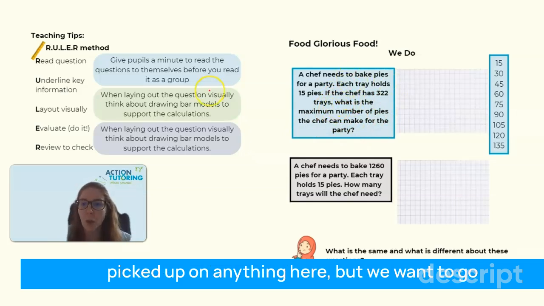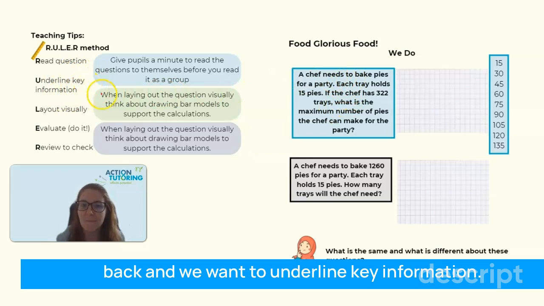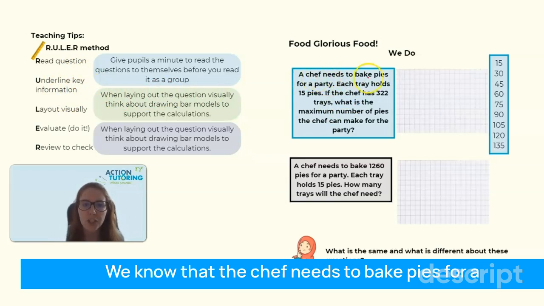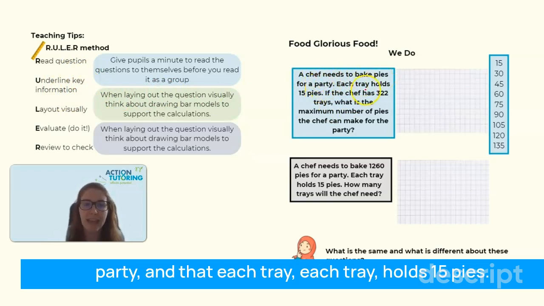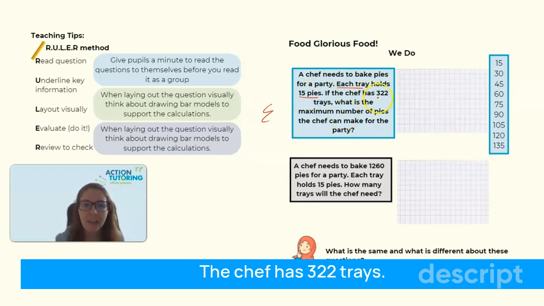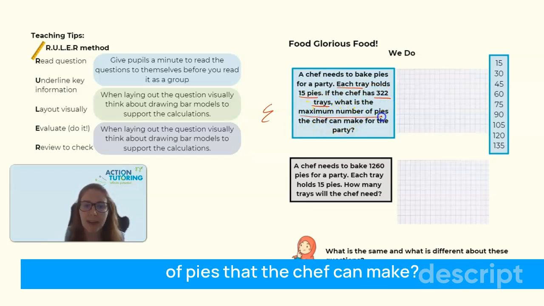But we want to go back and underline key information. We know that the chef needs to bake pies for a party and that each tray holds 15 pies. The chef has 322 trays. So what is the maximum number of pies that the chef can make?